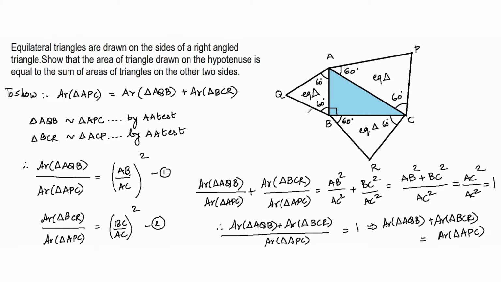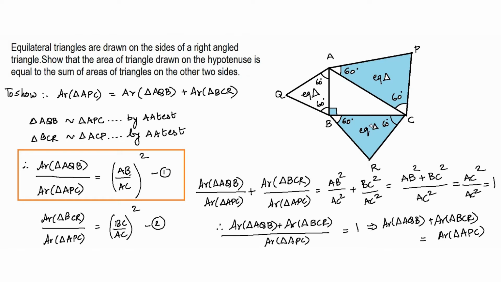So what I simply did was I showed that the triangles were similar to each other. First I took these two triangles, I showed that they are similar, and that is how I got the ratio of their areas equal to the square of the ratio of their sides. That is how I got the first relation. And then I picked up the next pair of triangles, that is these two triangles.